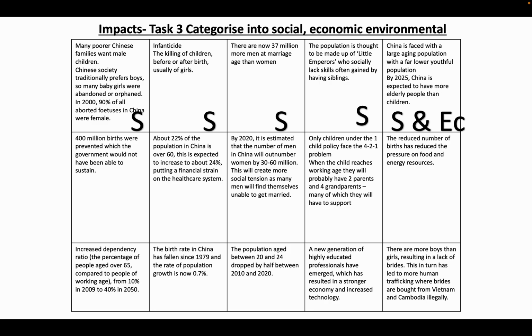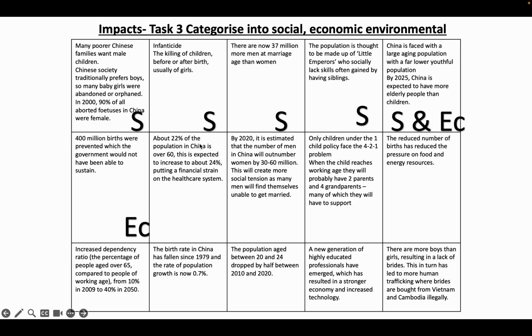So this obviously puts stress on services such as the healthcare, so you could also argue this is economic as well. So this one we've already looked at, 400 million extra births. It's more of an economic impact, but you could also classify it as social or even environmental as well, because it's putting less stress on its supplies of water, food, for instance.